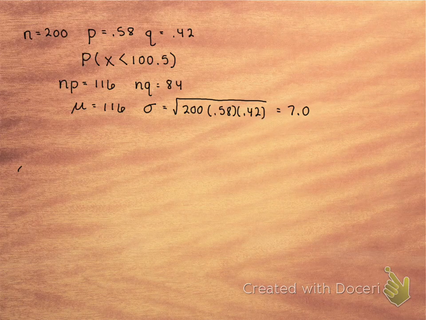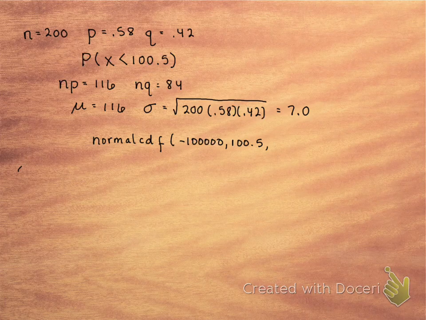Now we can find the area to the left of 100.5 on the normal distribution curve using the raw scores. If we're less than 100.5, we're starting at negative 10,000 or negative 100,000, it doesn't matter, stopping at the upper bound of 100.5, then our mean, then our standard deviation.